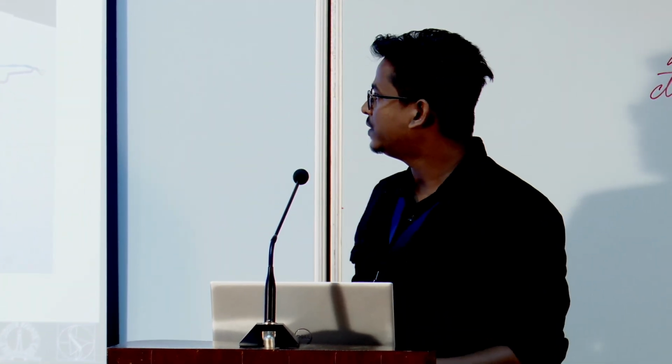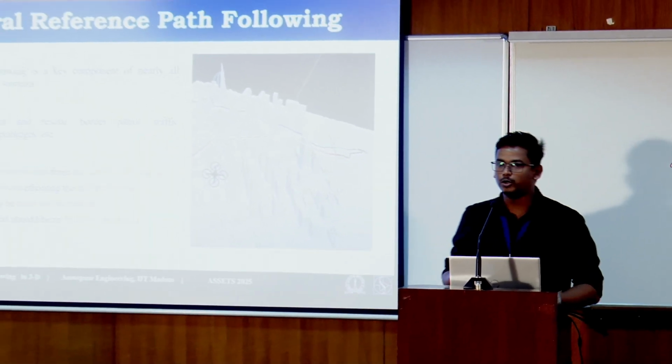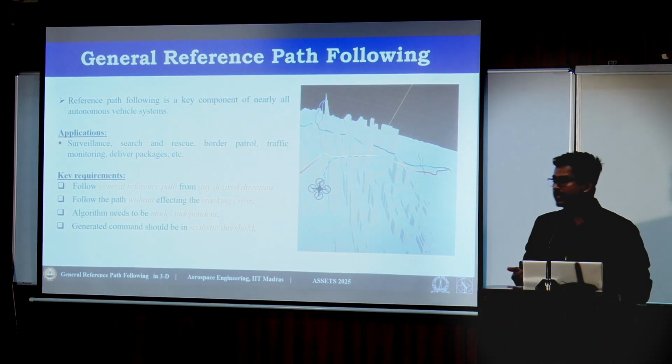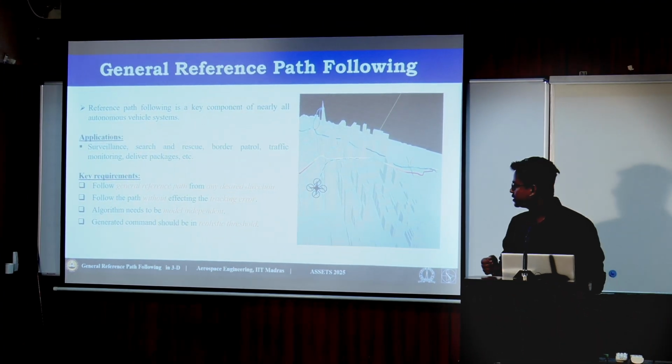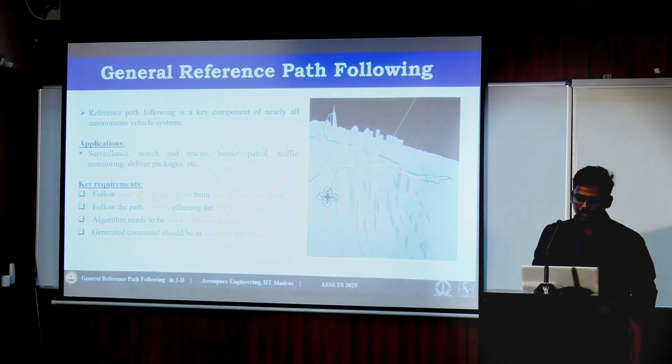Yeah. So hello everyone. So we know for any kind of autonomous vehicle application to go from point A to point B, it is expected from the UAV to follow a dedicated path as precisely as possible, for applications such as surveillance, search and rescue, drone delivery, etc. Which necessitates the requirement of a path following algorithm.